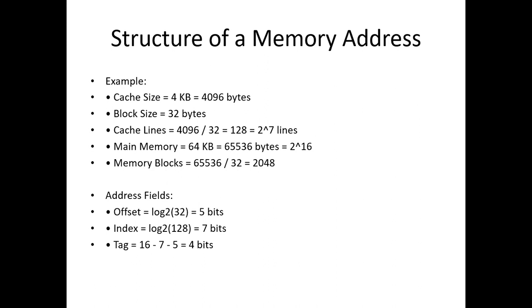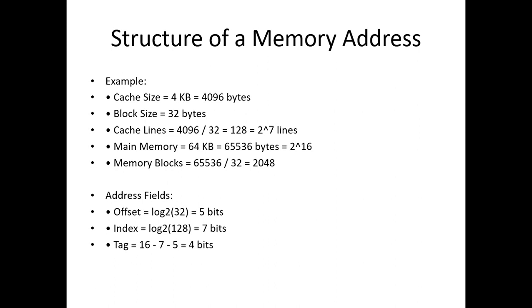So that will be 4096 over 32, giving us 128 lines or 2 to the power 7 lines. And then to get the number of memory blocks, we simply divide the memory size by the block size, giving us 2048 blocks.